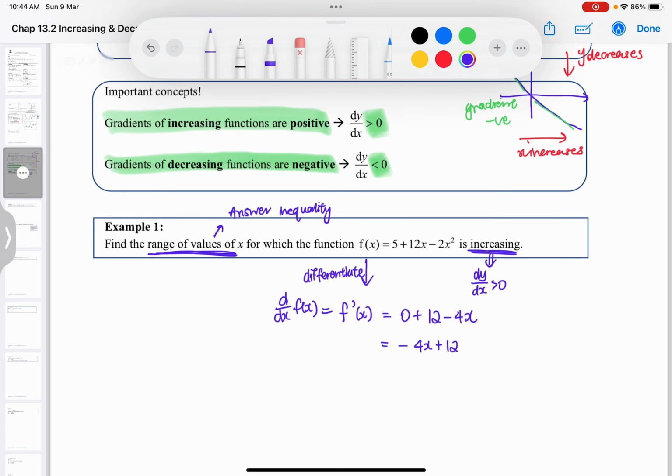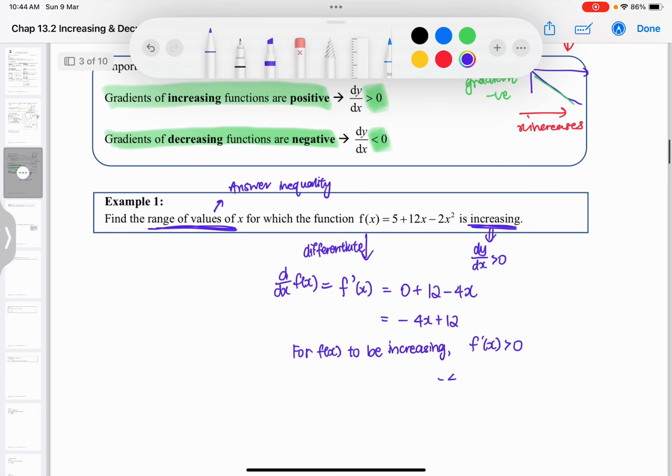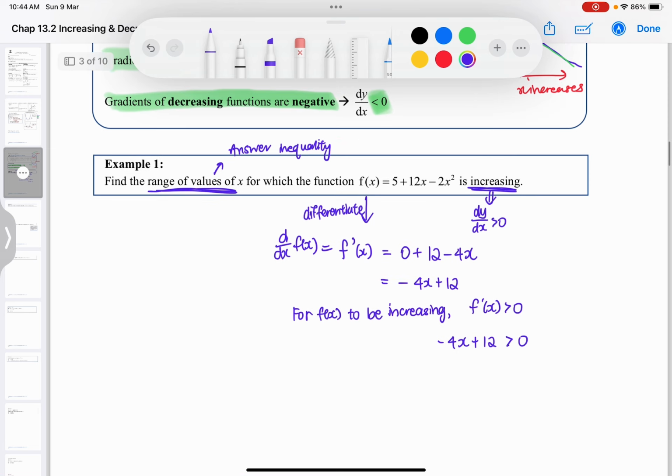Now I want the dy/dx to be greater than 0, as in the derivative function to be greater than 0. So for f(x) to be increasing, f'(x) has to be greater than 0. So we're going to sub in f'(x) > 0, and then we will just solve this inequality to give us -4x > -12.